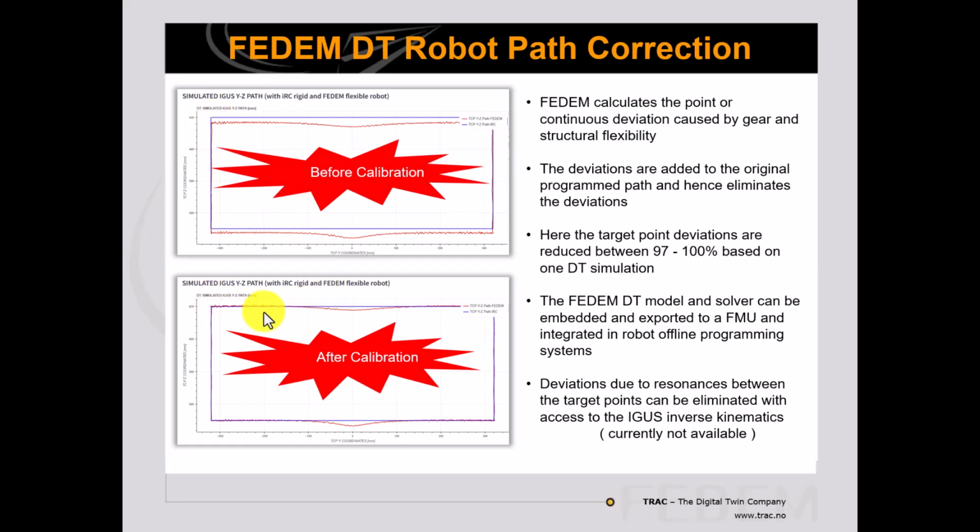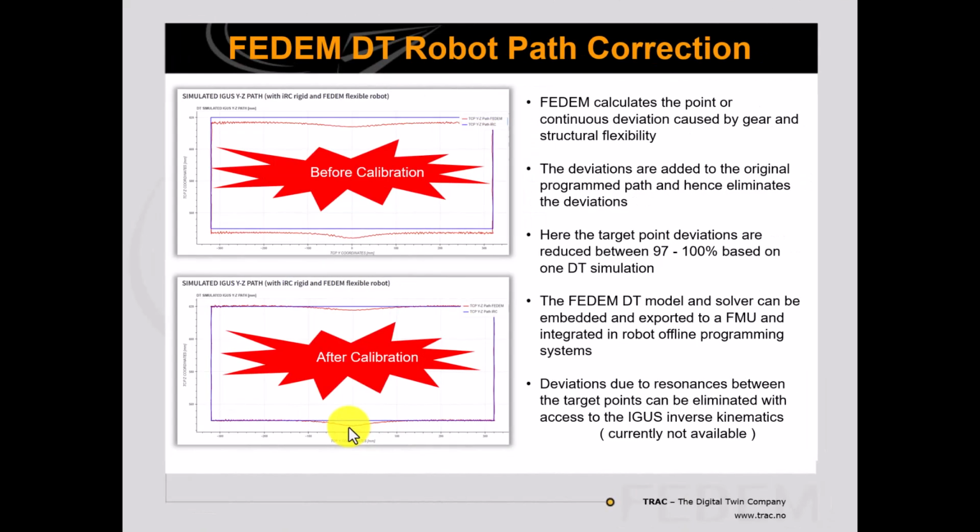However, after calibration, the deviations are used in combination with the inverse kinematics to calibrate the joint trajectories. And then you can see that the TCP is hitting the 4 target points with very high accuracy. And the accuracy in this case is improved by 97 to 100%.